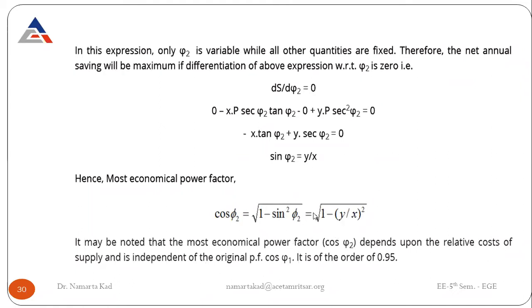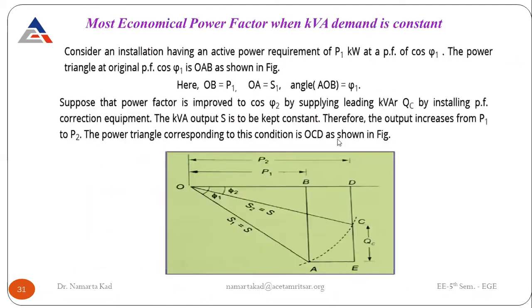This is the next derivation, the most economical power factor when kVA demand is constant. Here the kVA, that means the hypotenuse, must remain constant, but there is an increase in the net output power from OP1 to OP2.